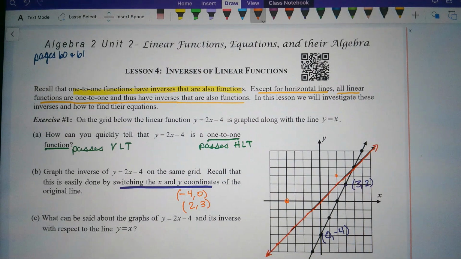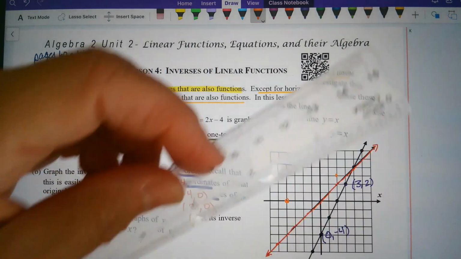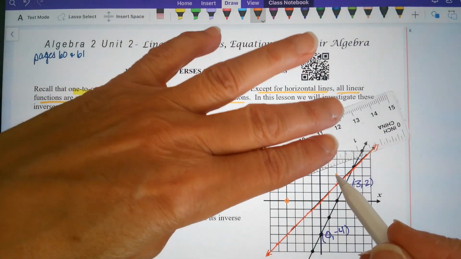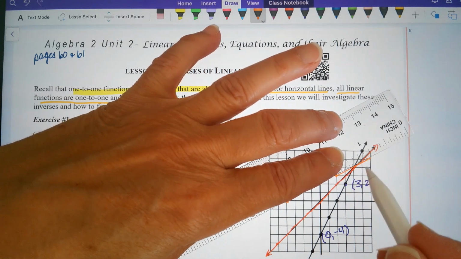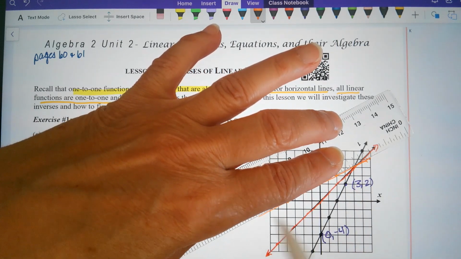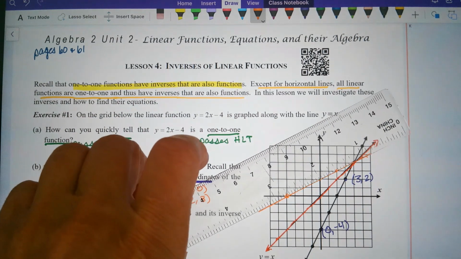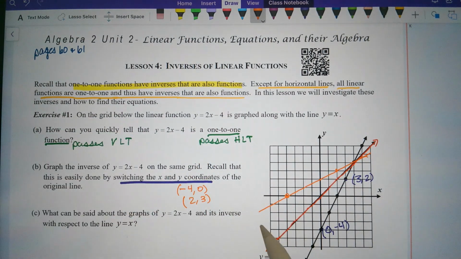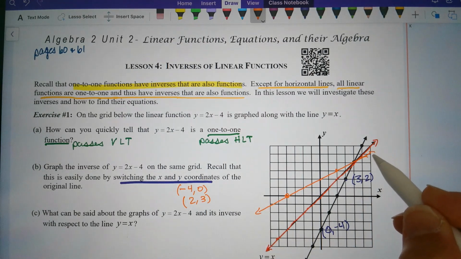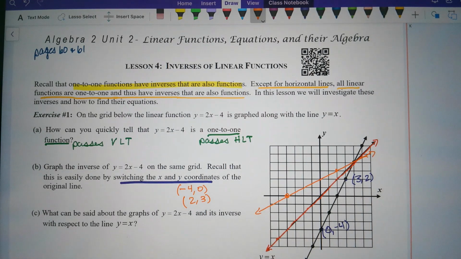And then I could take a straight edge and connect those. And here we have the graph of the inverse of y equals 2x minus 4.